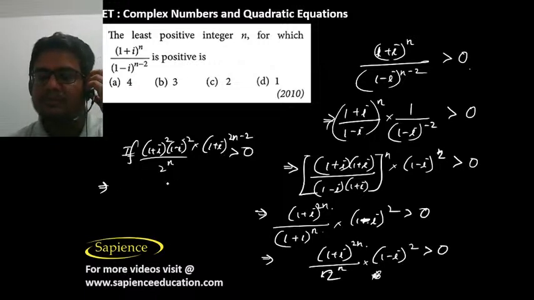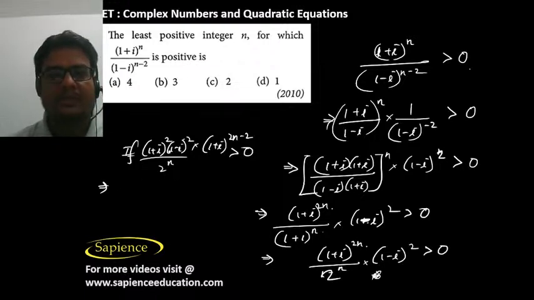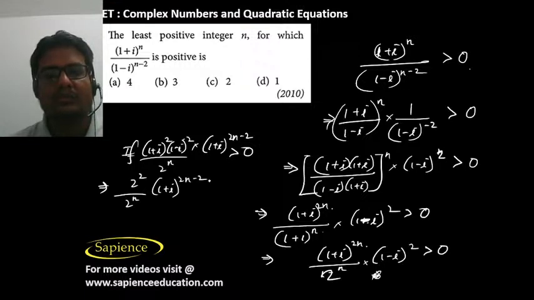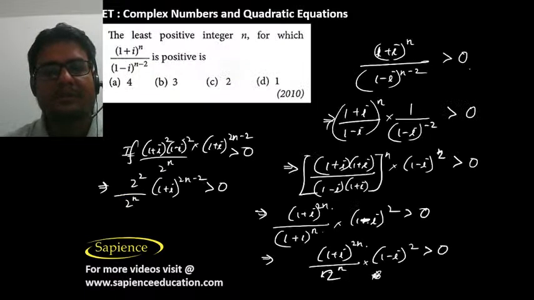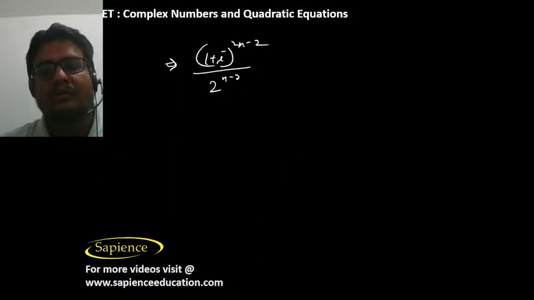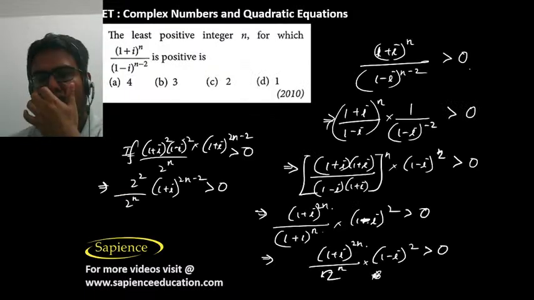Now this is (1 plus i)(1 minus i), that is 1 minus i square, which is 2, so 2 power 2 divided by 2 power n into (1 plus i) whole power 2n minus 2, that should be greater than 0. So it means that we can write (1 plus i) whole power 2n minus 2 divided by 2 power n minus 2, that should be greater than 0.